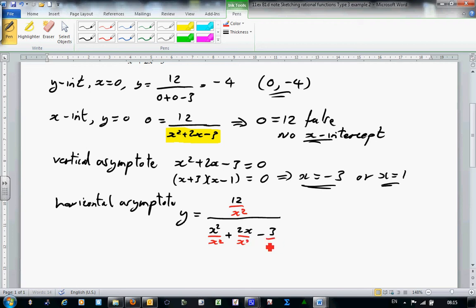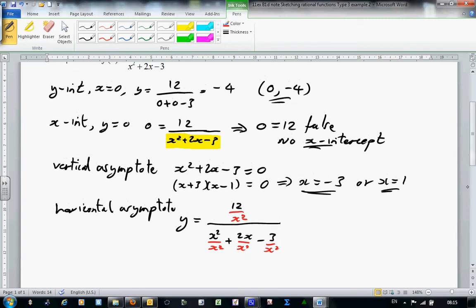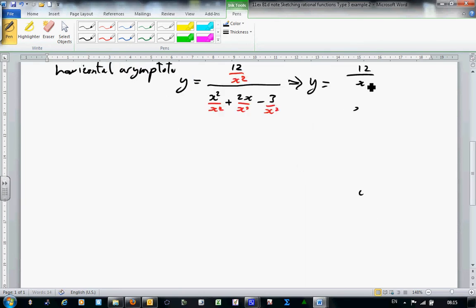So what we end up with, this implies that y is equal to 12 over x squared divided by 1 plus 2 over x minus 3 over x squared. Again, this looks really messy, but as x gets really big and is approaching infinity, what happens to y?